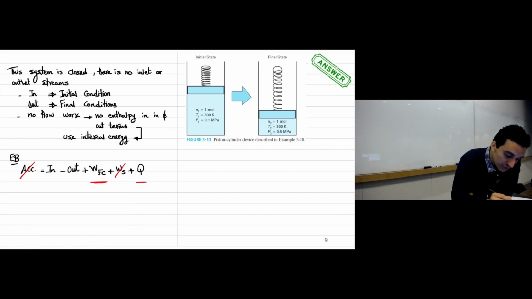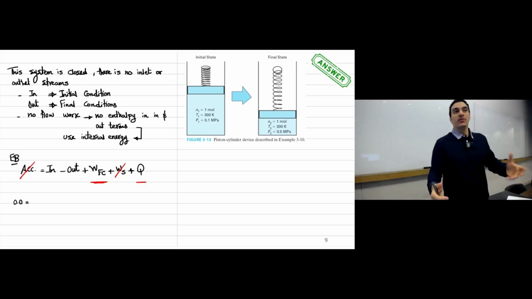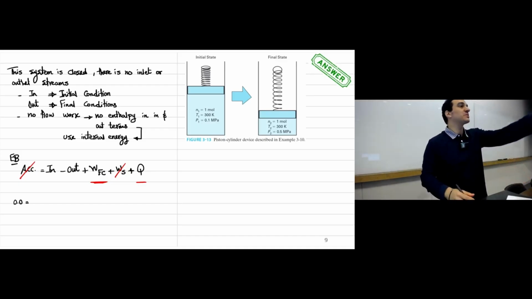So start substituting into this equation. We have 0 here, and what is given is the number of moles, so all the equations for the initial and final conditions will be molar rather than specific terms.